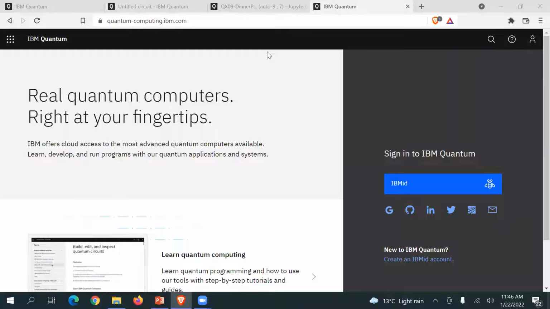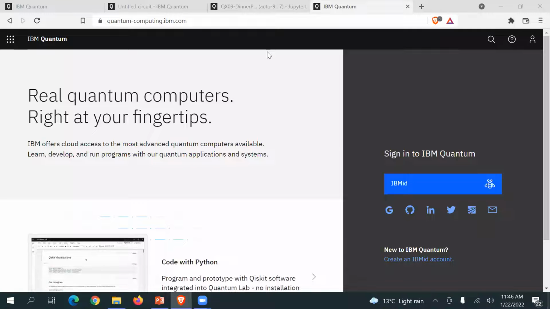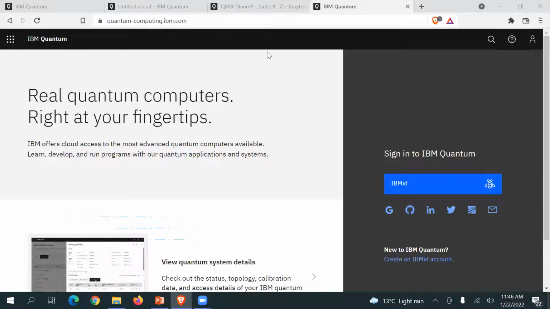What other best practices, Arshad, are you suggesting to the participants here to get onto quantum computing? First, go and create an IBM ID and take a look at these platforms.